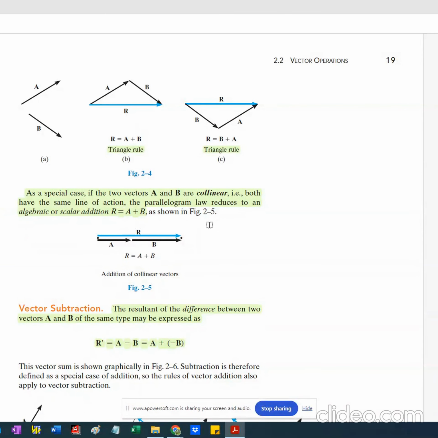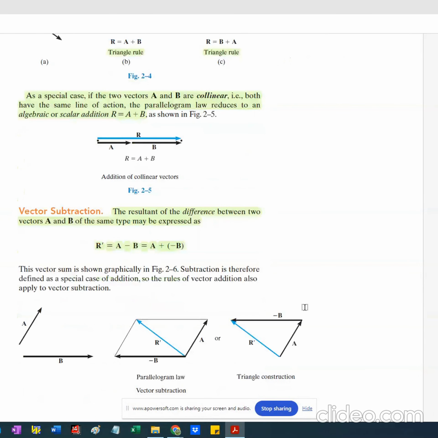I mentioned a special case where vectors are collinear, and here their orientation is understood, x-axis, y-axis or some direction. You just put them head to tail, and then you complete it. It's like a collapsed case of the triangle rule, maybe.